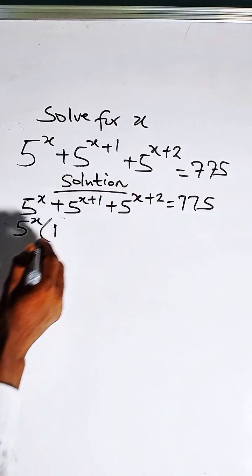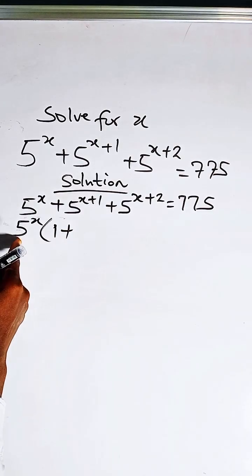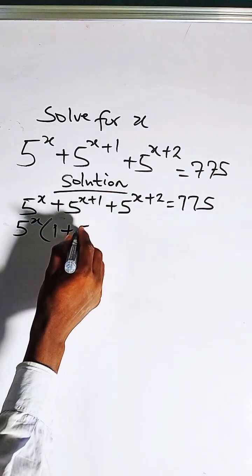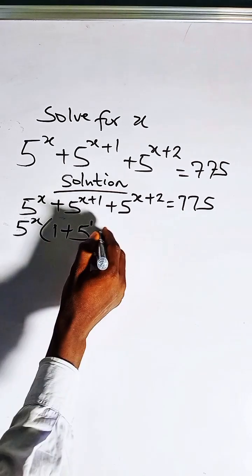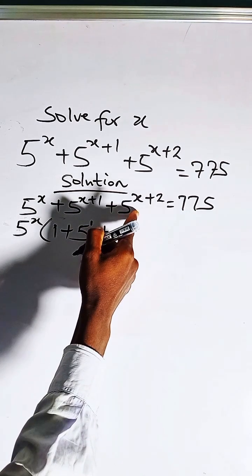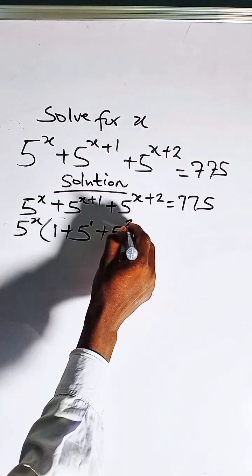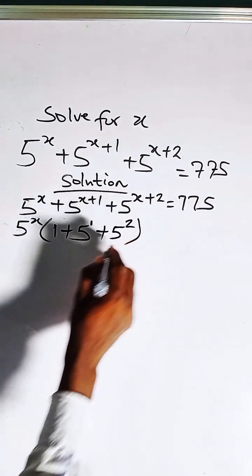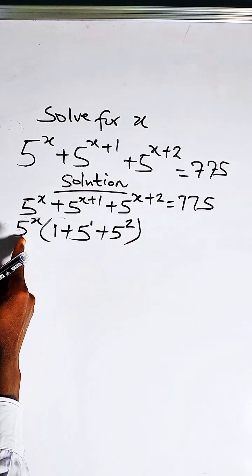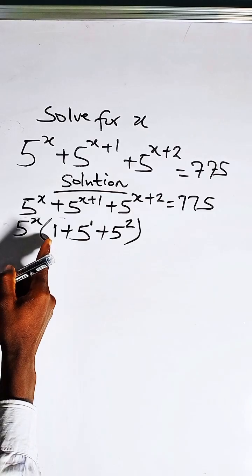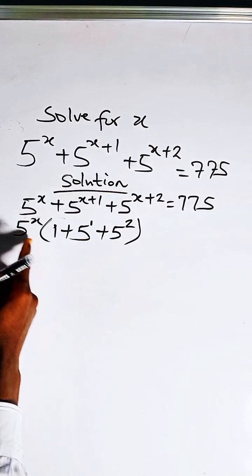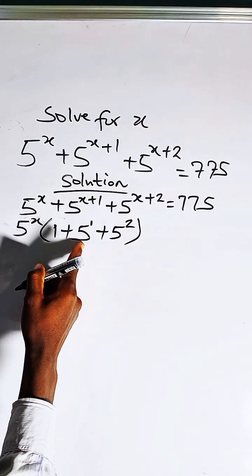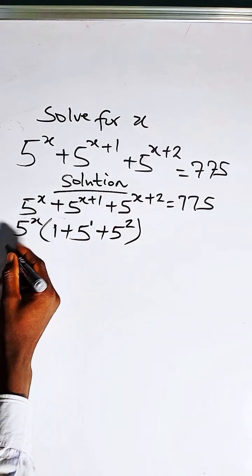1, plus, here we have 5 raised to the power 1, which is written as 5, plus, here we have 5 raised to the power 2. So when we say 5 raised to the power x times this, we have to apply the law of indices.